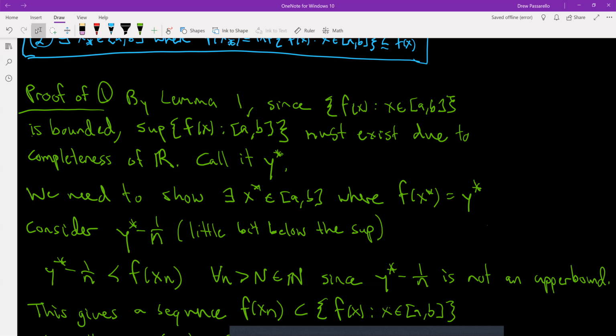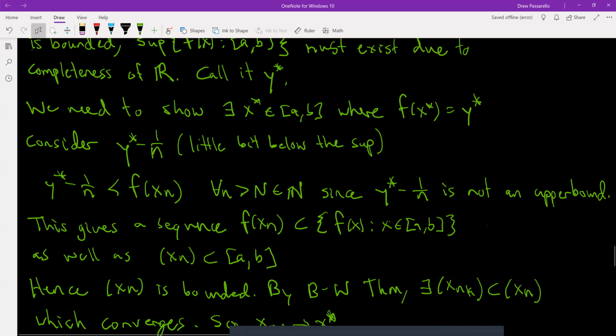Then we have y star minus 1 over n less than f of x_n for all little n bigger than capital N, since y star minus 1 over n is not an upper bound. This gives a sequence of f of x_n in the set of f of x values, as well as a sequence x_n in the closed interval [a, b].